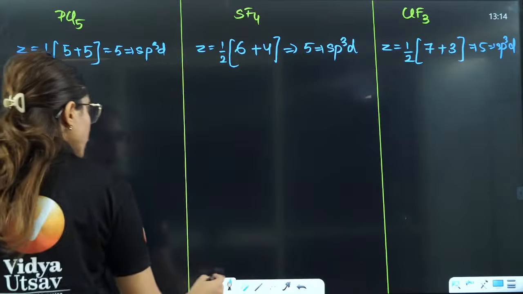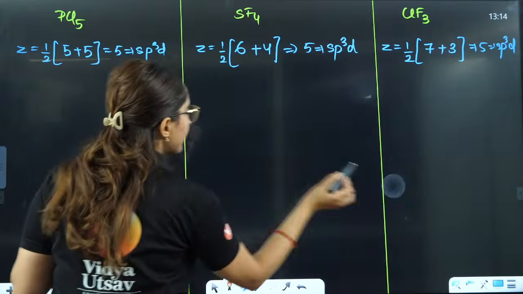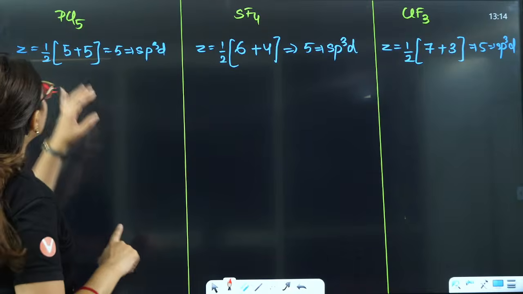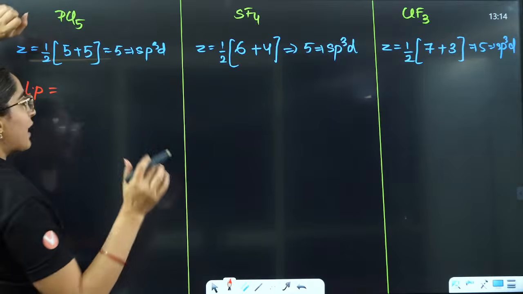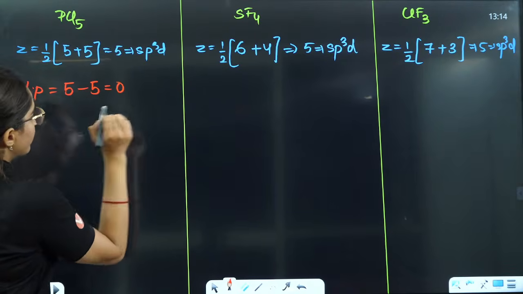Now let's talk about the lone pairs here. How do you calculate the lone pair? Tell me everyone. Phosphorus, group number 15, means 5 valence electrons. Out of that it is forming 5 bonds, so 0 lone pair.